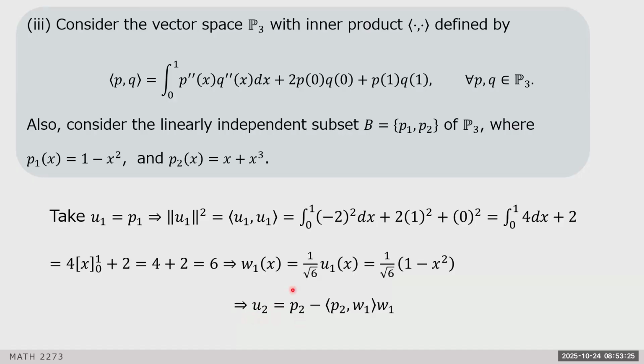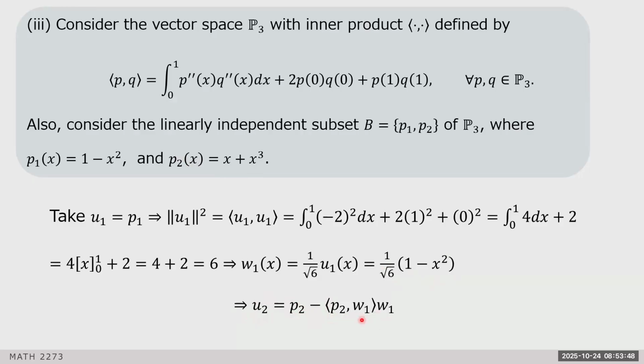So we're going to take the second one in our list, which is P2, and we're going to subtract from it the inner product of P2 with all the W's we have already found. Now we've only found one W, that's this guy. So we're going to subtract from it the inner product of P2 with W1 and multiply by W1.